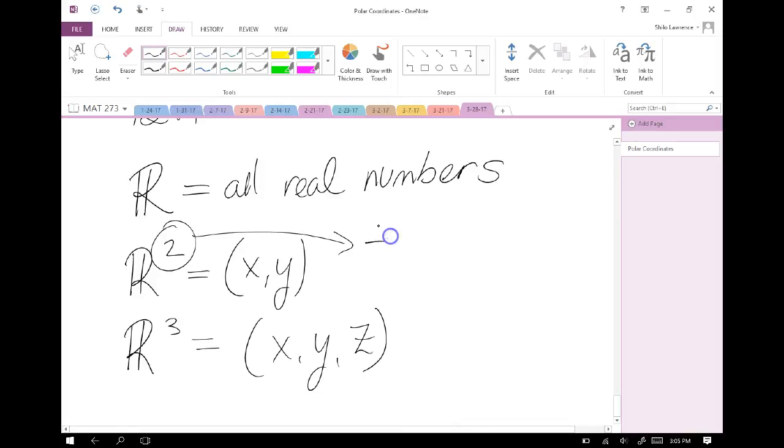So there's one independent variable and one dependent variable.